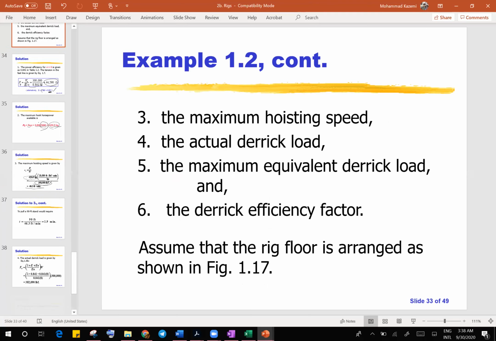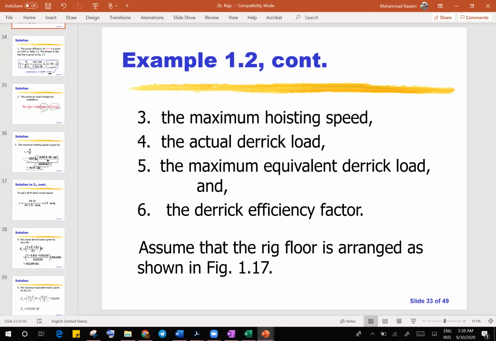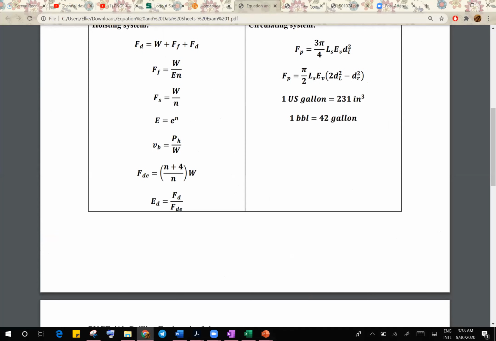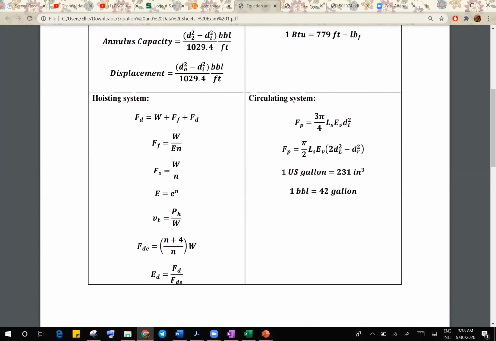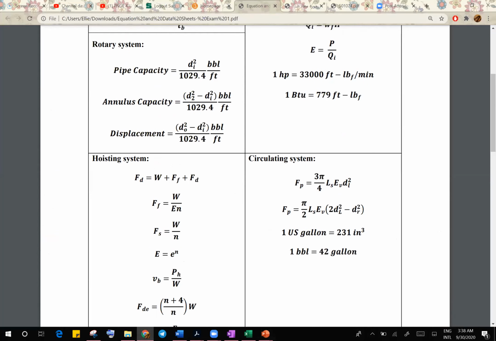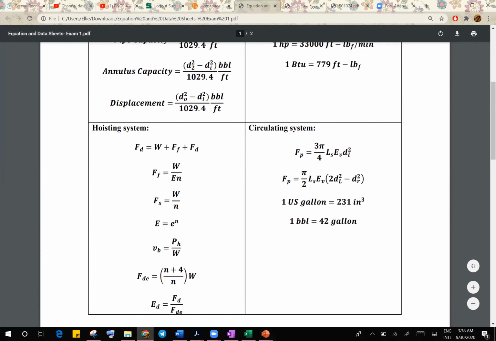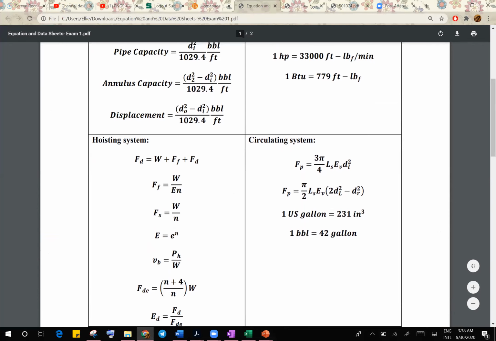Equivalent derrick load, well, the actual derrick load first, which is that equation that, again, you refer to your equation sheet, and well, it's here, right? So you would need to substitute W over En here and W over N here, and that's it, right?